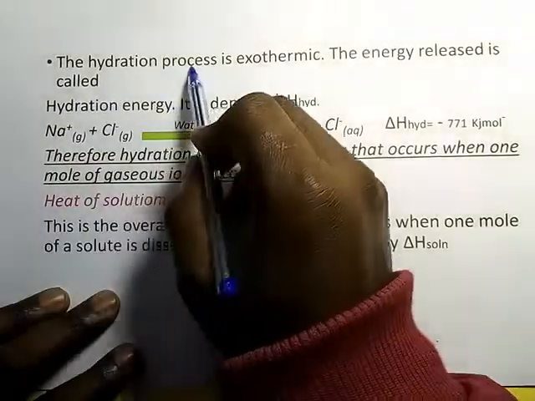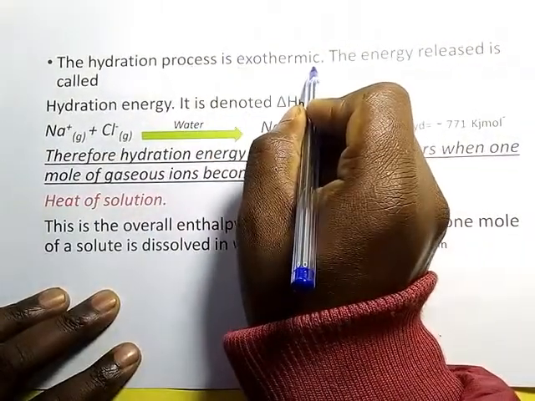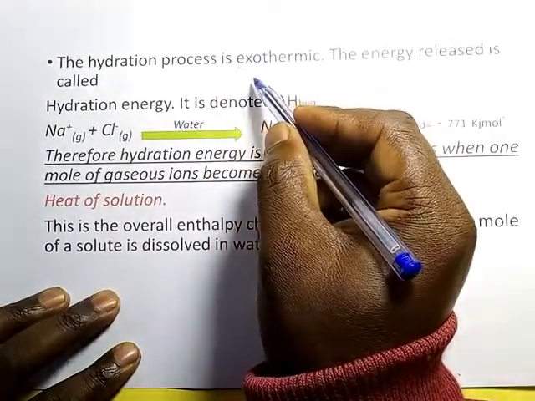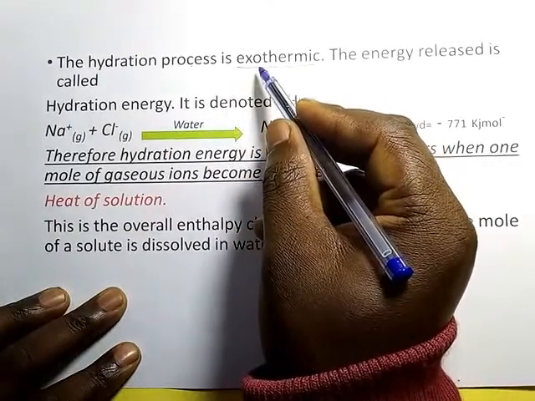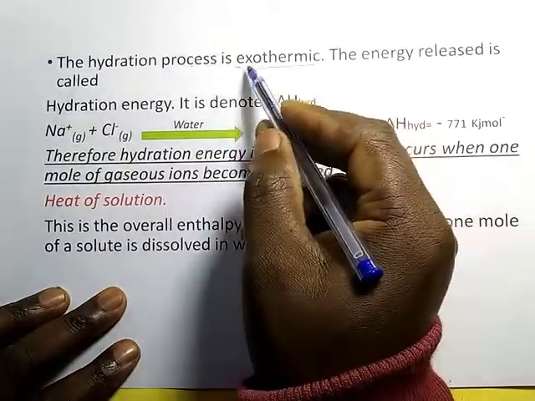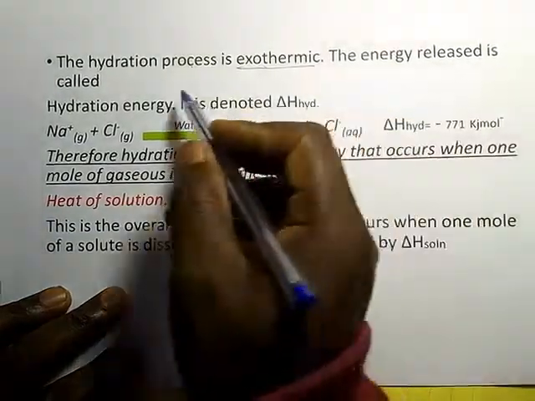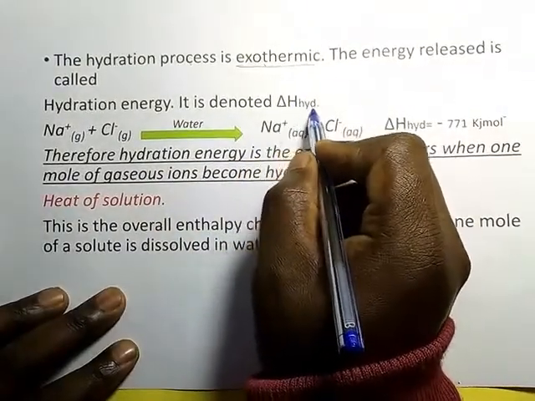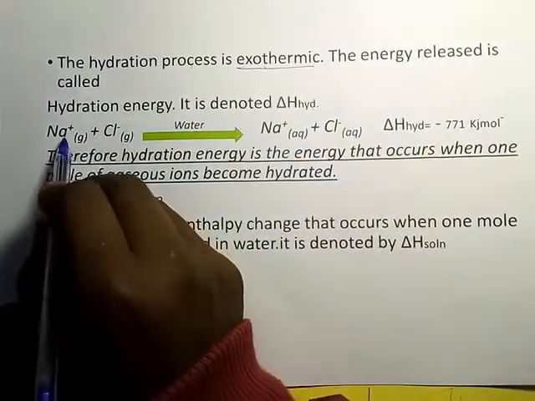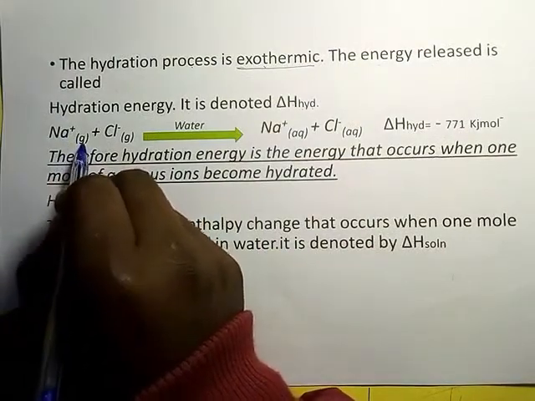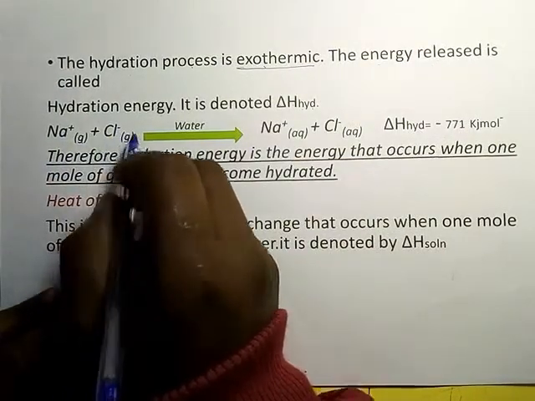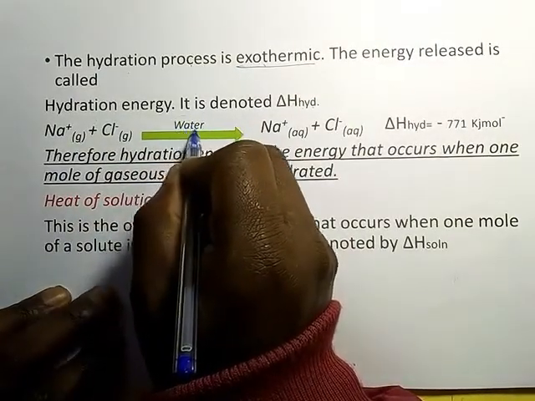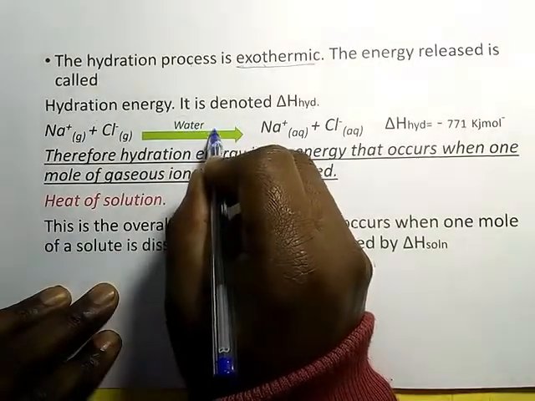The hydration process is exothermic. When the gaseous ions of sodium and chloride are immersed in water and attracted to the molecules of water, the reaction is exothermic. The energy released is called hydration energy, and it is denoted by delta H hyd. So the gaseous sodium and chloride ions become immersed in water, surrounded by several water molecules, and hydrated.